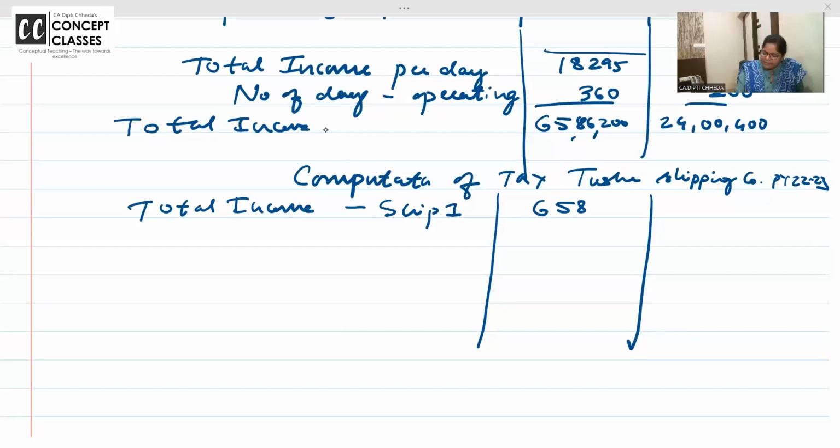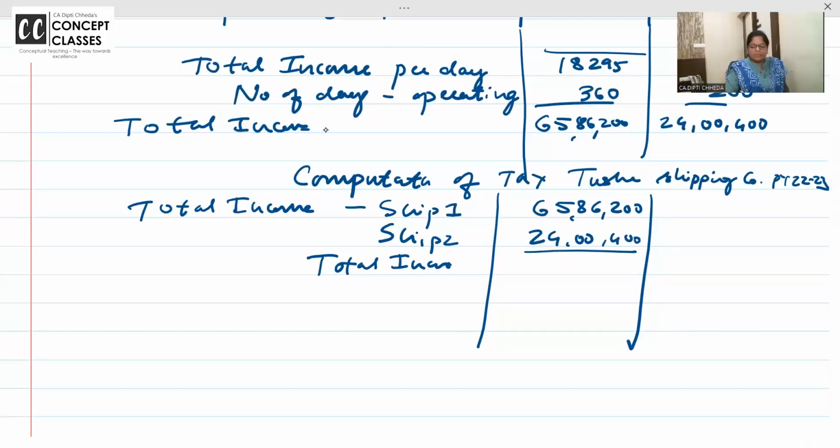Should I scroll up, has everyone written everything here and understood? 65 lakhs. What is Ship 2's income? 24 lakh and 4. What is the total income? 65,86,200 plus 24,00,400 is 89 lakhs 86,600.